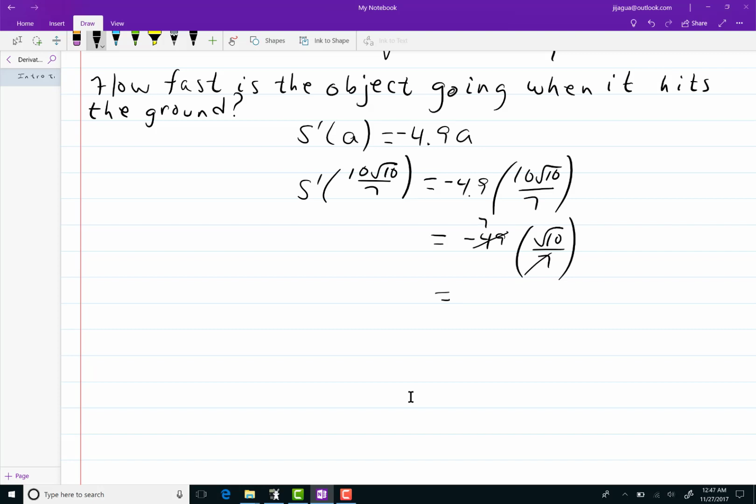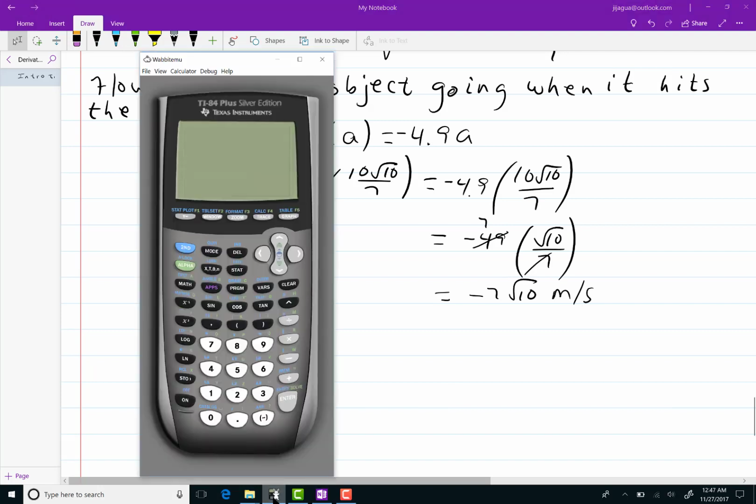So it is traveling at negative 7 radical 10 meters per second the moment it hits the ground. And if I really wanted the decimal for that, I'll just do 7 times the square root of 10. So negative 22.136.